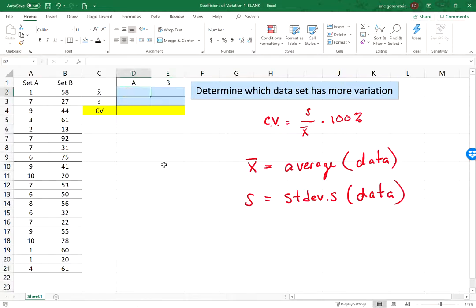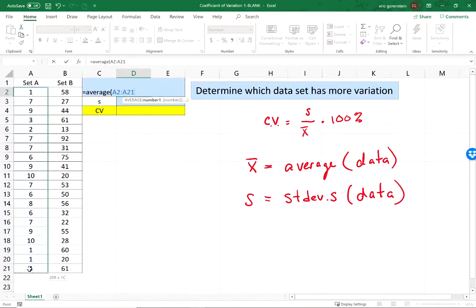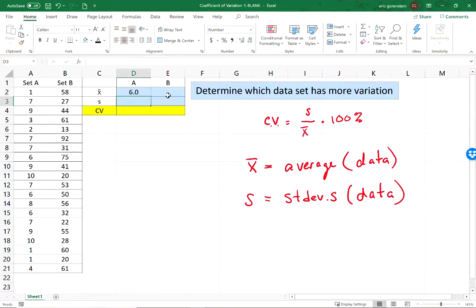All right, so let's look at set A. Here in cell D2, I'm going to type in equal average, open parentheses, and the data. You could use the mouse to highlight A2 through A21, or you could type in manually A2 colon A21, either way. That will give us the mean of set A, which is 6.